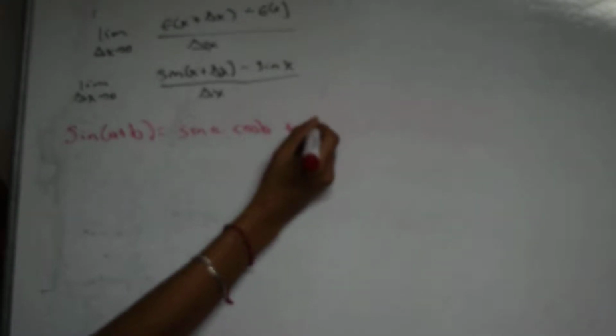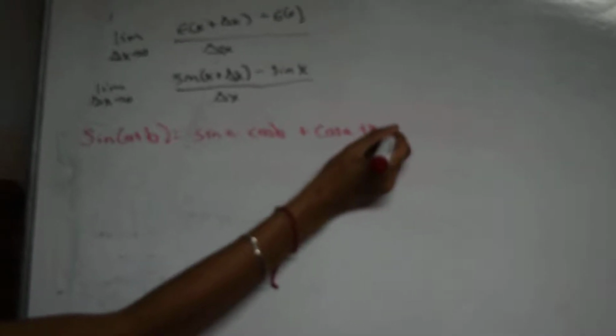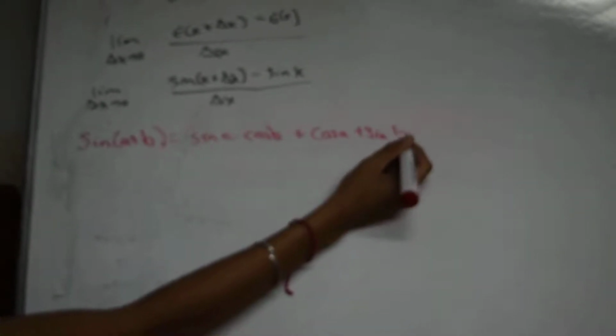So now we are going to use the Newton law of sines that says the sine of a plus b is equal to the sine of a multiplied by the cosine of b plus the cosine of a times the sine of b.